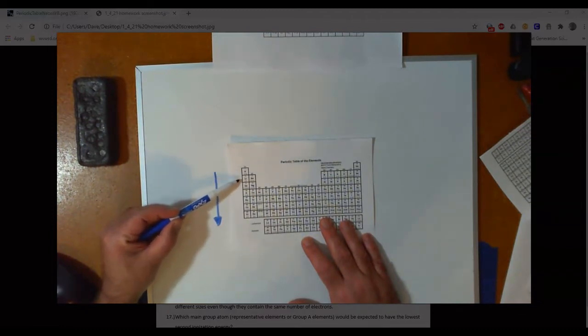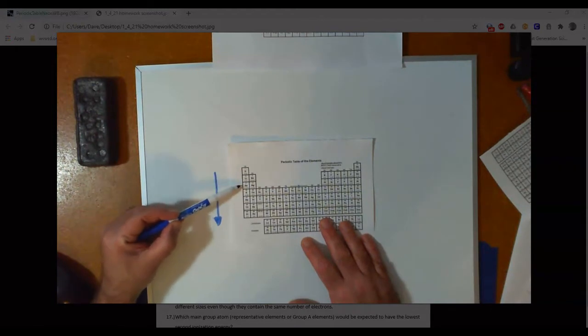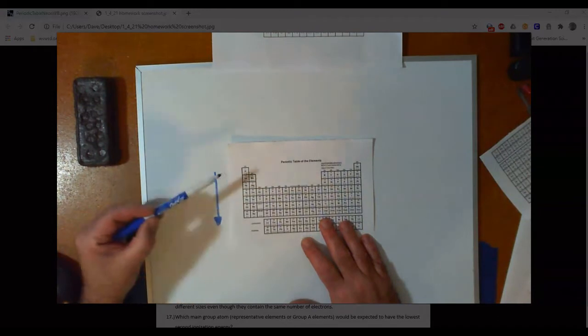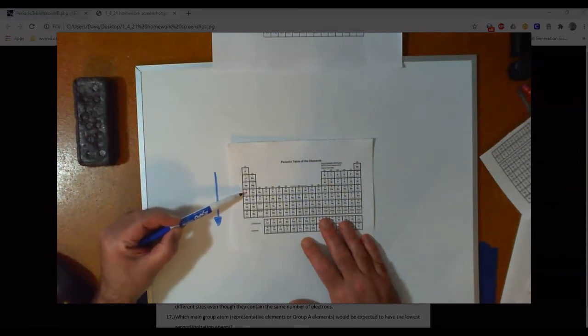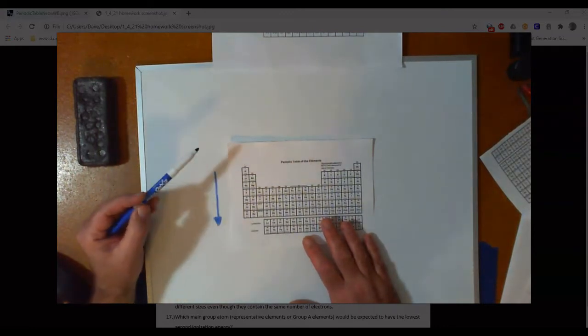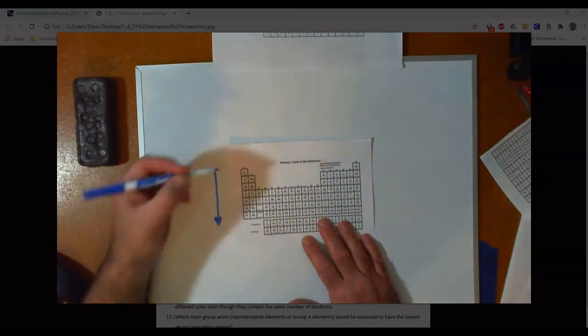In period 2, lithium through neon, all the valence electrons are in the n=2 energy level. Period 3, sodium through argon, all the valence electrons are in the n=3 energy level. And this continues for the 4th, 5th, 6th, and 7th. Since we're getting further and further away from the nucleus, we expect the atom to get larger and larger.